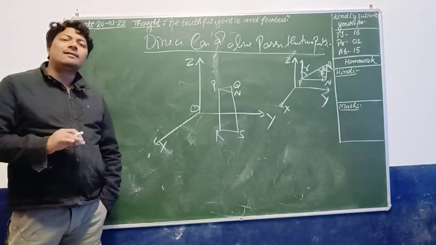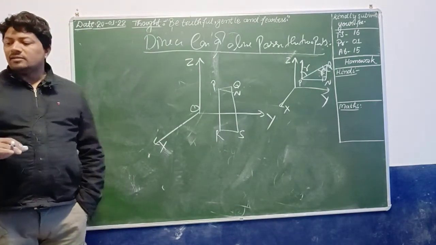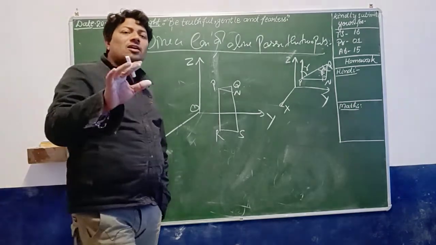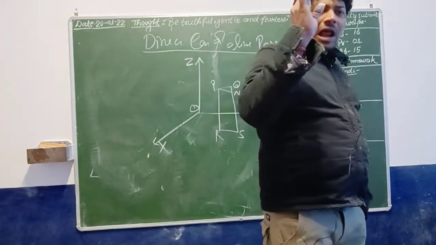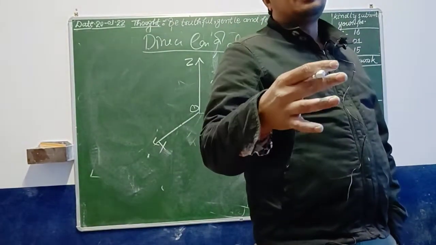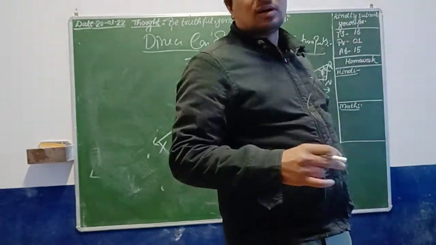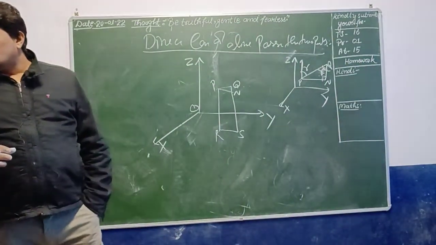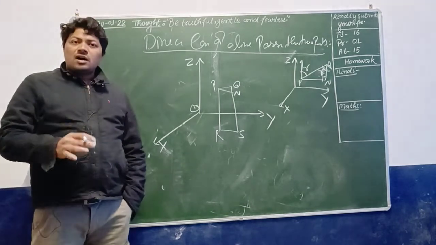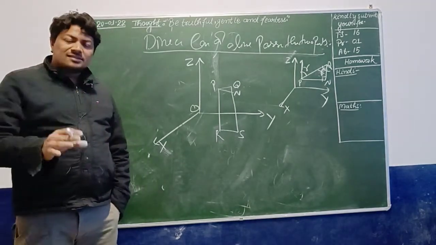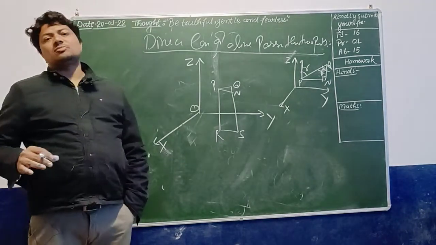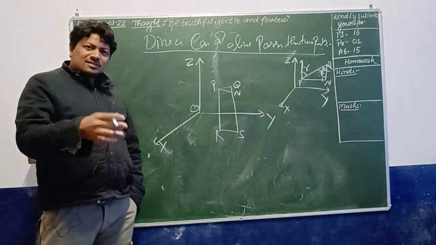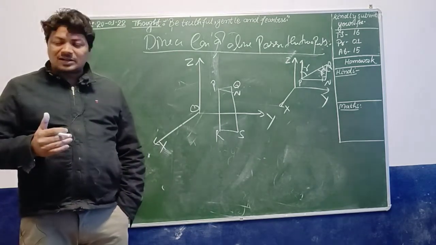If you take l, m and n as the direction cosines of the line PQ, is it clear? And let it make alpha, beta and gamma with the x-axis, y-axis and z-axis respectively.